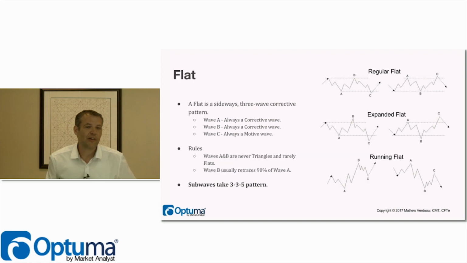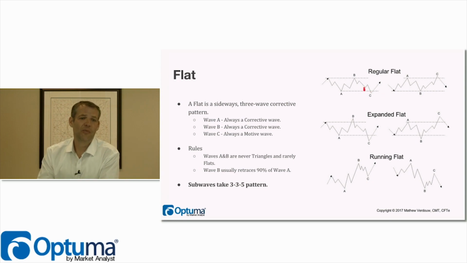All right, the next corrective pattern is what we call a flat. It's a sideways market that's just not going anywhere. And you can see the examples there. A regular flat is very much like a rectangle where we've got A, B, C going on here. Again, one of the key points to differentiate between a zigzag and a flat are the subwaves, where before we had 5-3-5.